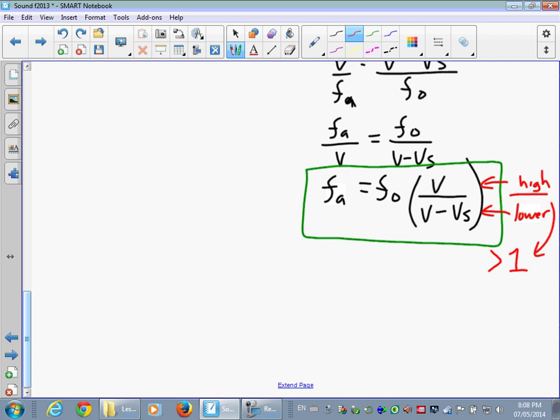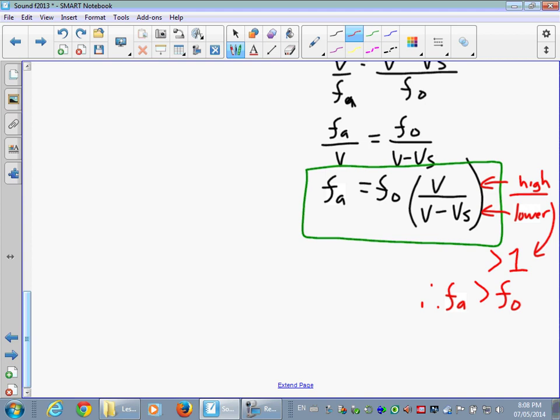A higher number divided by a lower number is greater than 1. So if we think about what we have here, the approaching frequency is equal to the original frequency times a number greater than 1. So what that means is that the approaching frequency must be greater than the original frequency. That is proof mathematically how the frequency increases when the object is approaching.